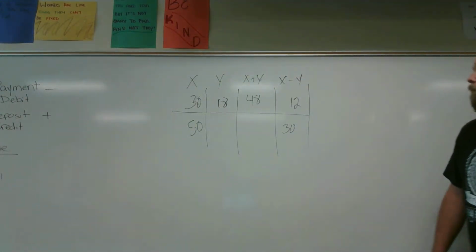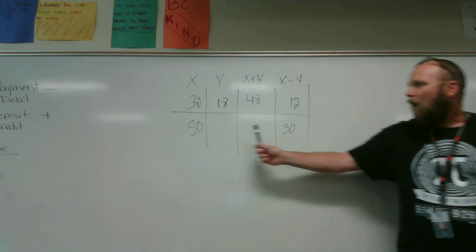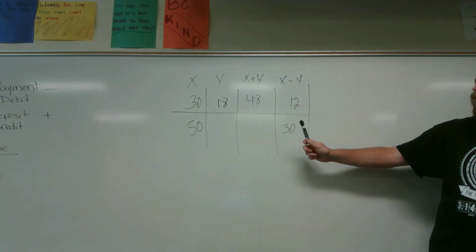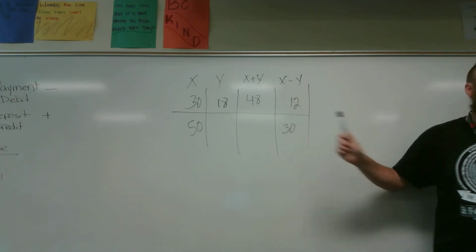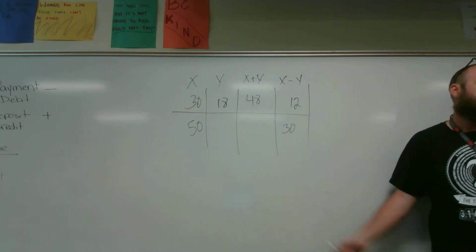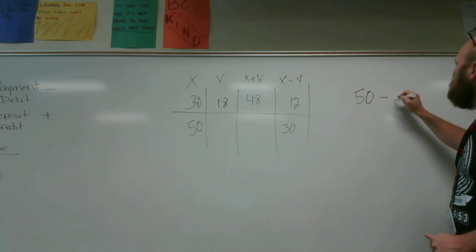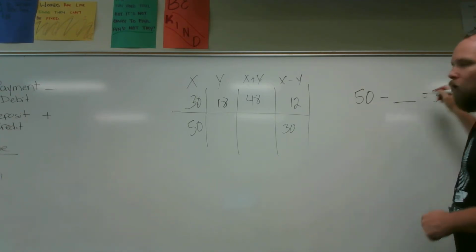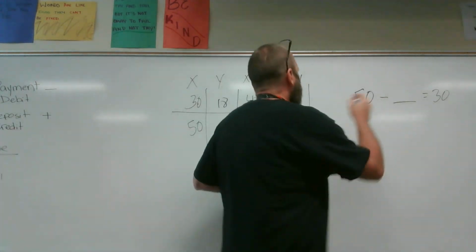Hannah, we have x equals 50. I know x minus y equals 30. So 50 minus what is going to give me 30? What do I take away from 50 to get 30? 20.